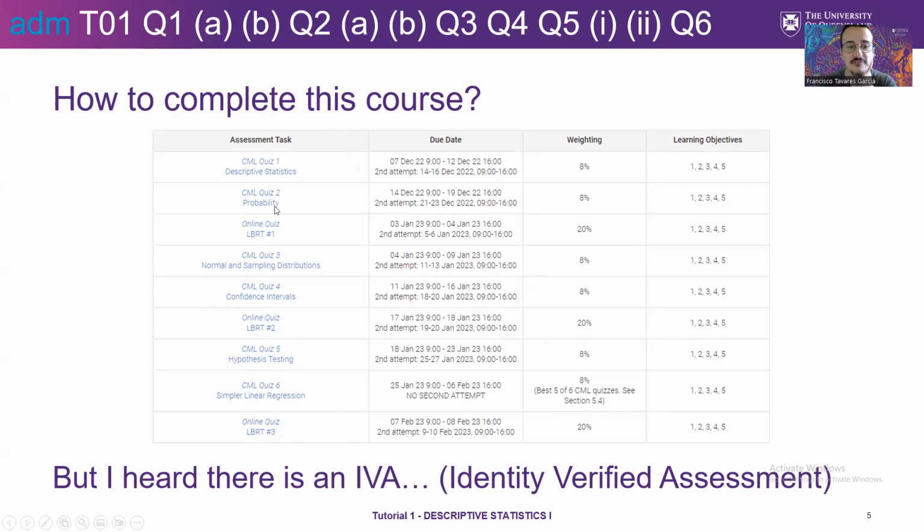For the first 5 quizzes, you also have a second attempt. You'll be able to get your results, study a little bit more, and then attempt again. It won't be the same questions. We have quite a large database of questions, so it's not just redoing the same questions, but it's a good idea to try to solve yours again before your second attempt.